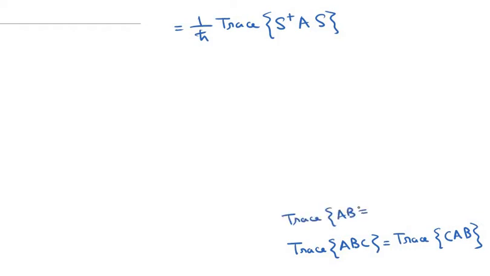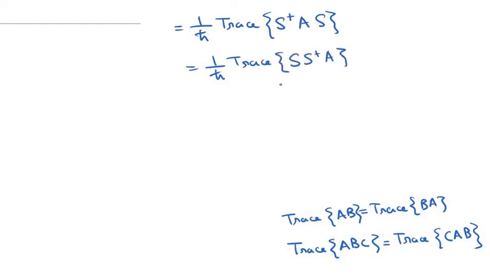Trace of AB is equal to trace of BA. So we apply this property over here, and we write this as equal to 1 by h bar trace of S dagger A. Note that it is not important to do all these things, but we are doing this to get a compact expression, because in reality we do not know what these matrices S are, and it is difficult to compute.